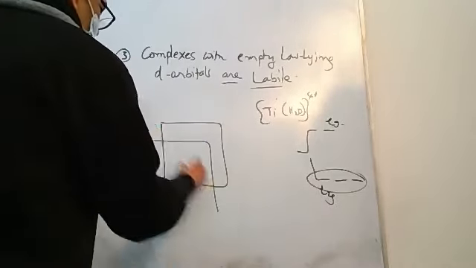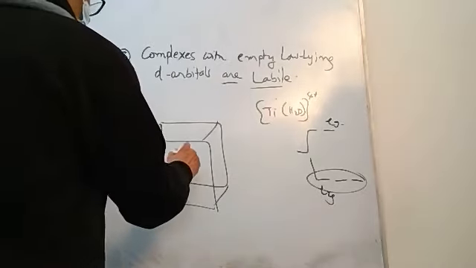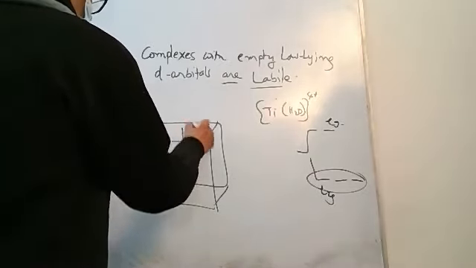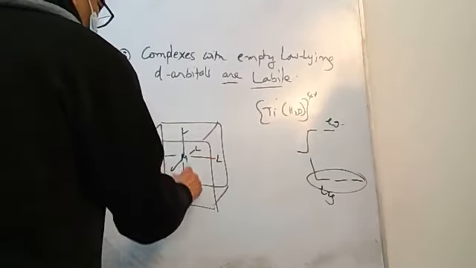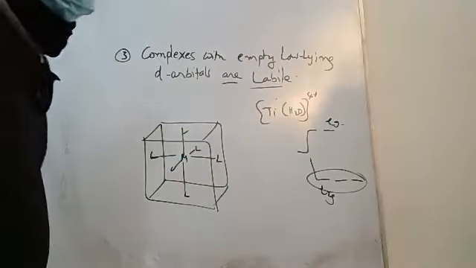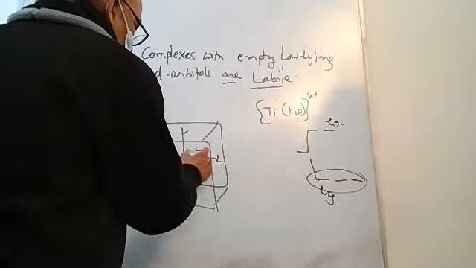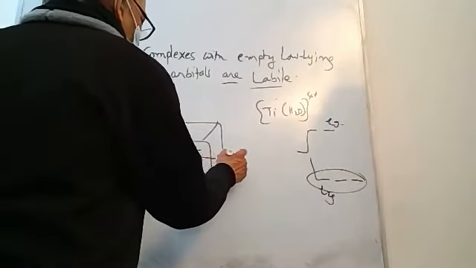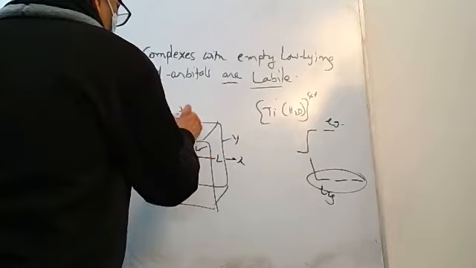Let's imagine that I have an octahedral complex in a cube. So I have ligands on the centers of the faces. That's the original complex, and these are all the x, y, z directions. The M-L bond is your x-axis, that's your y-axis, and this is your z-axis.